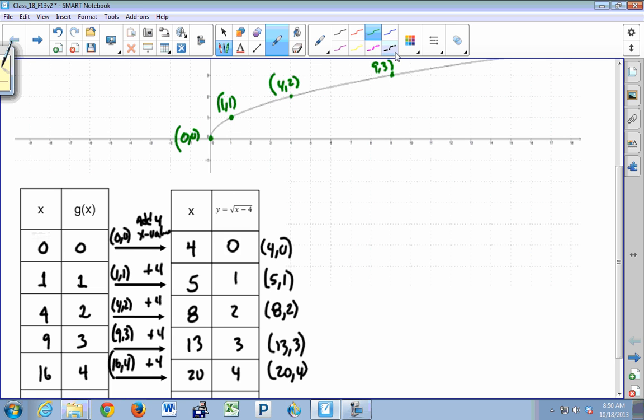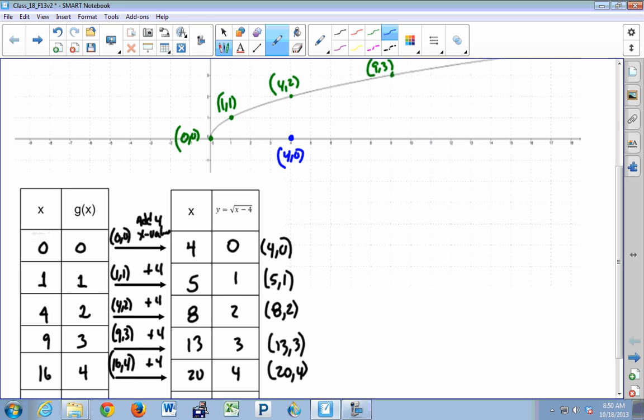And then I look at my transformation and it says, shift everything to the right 4 units. Nothing happens to your y. You just shift everything to your right. So this point 0, 0 just moves 4 units to the right. So let's mark that with a blue. So now my first point is 4, 0, because 4 take away 4 is 0, and the square root of 0 is 0.